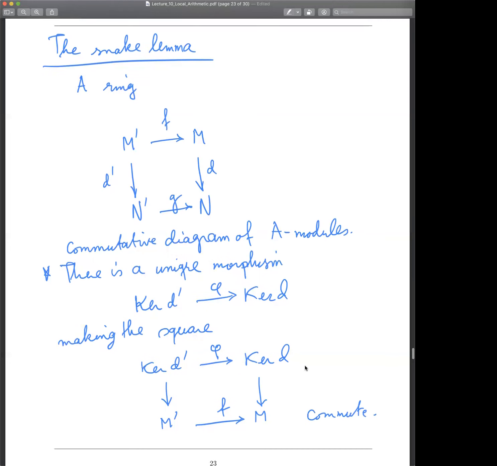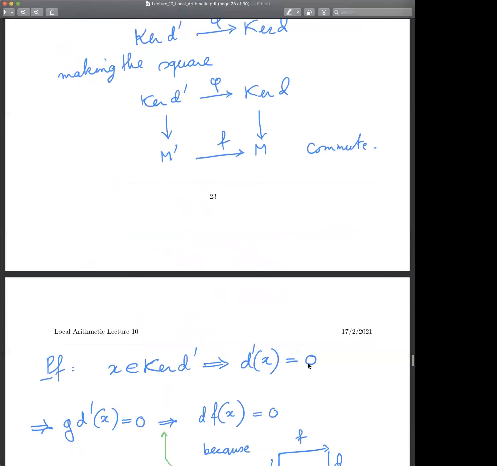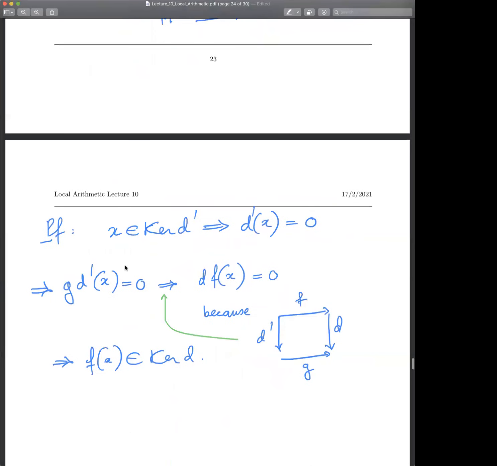This is more or less obvious, but let's prove it. So suppose you have some element in the kernel of D prime. This means that D prime of X is 0, right? That's the meaning of kernel. Now, if D prime of X is 0, G of D prime of X is going to be all the more 0, right? If you apply G to 0, you get 0.